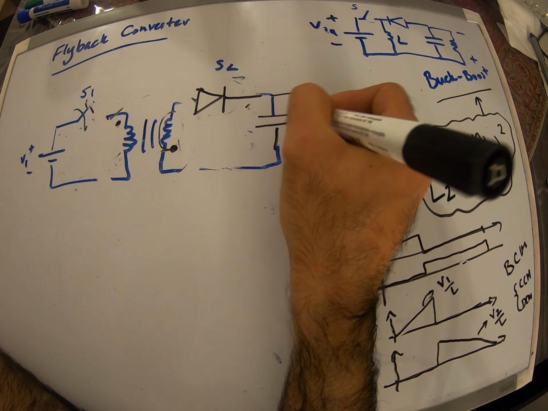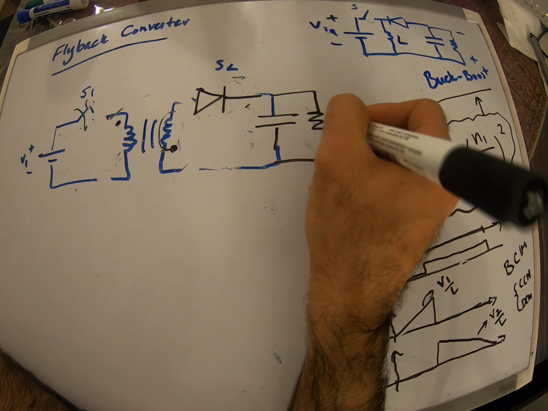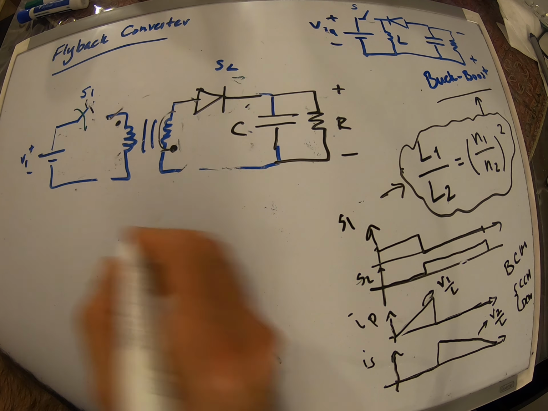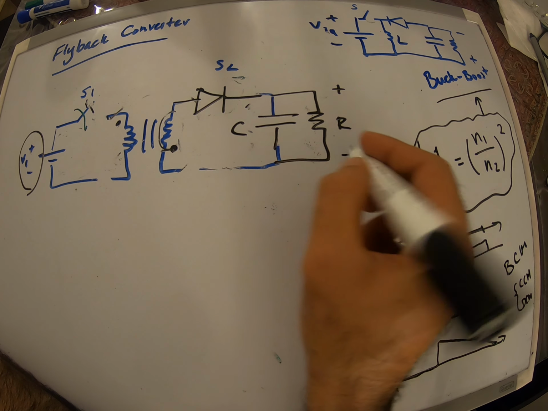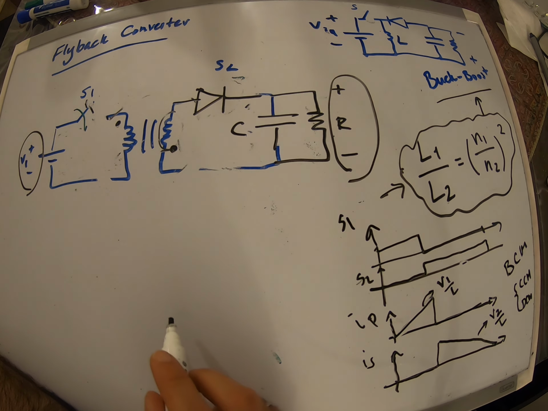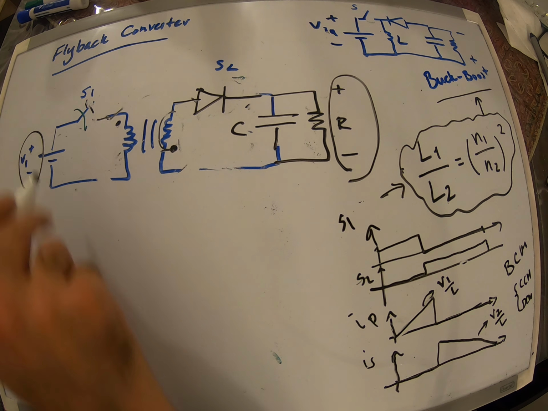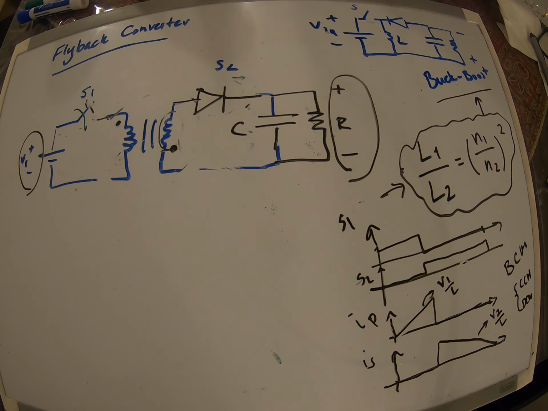if I just show the load here, now with this configuration we would have the same polarity in the input and output. Okay, and we have only one switch and one diode, right?